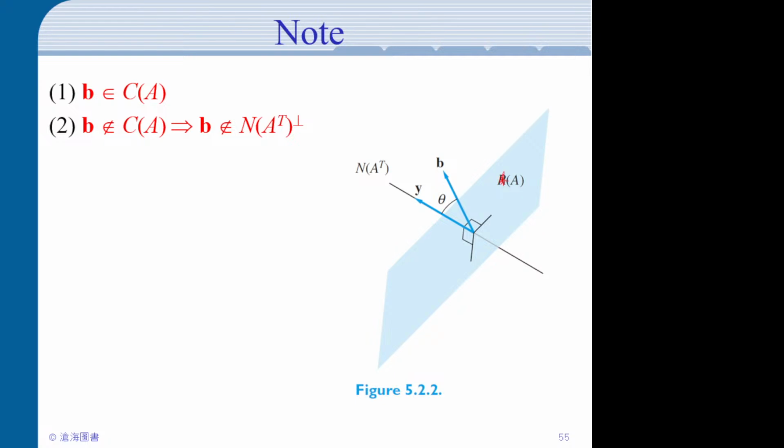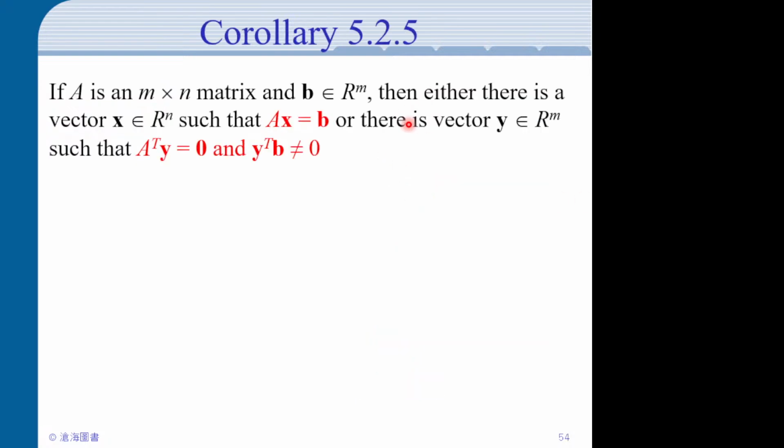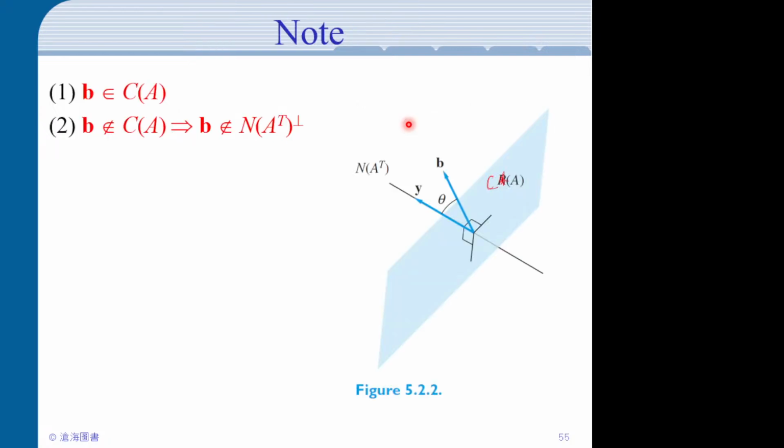Sorry, not row space, this is the one where we should say C of A. So the space is R^m here: R^m equals the column space of A plus the null space of A transpose.